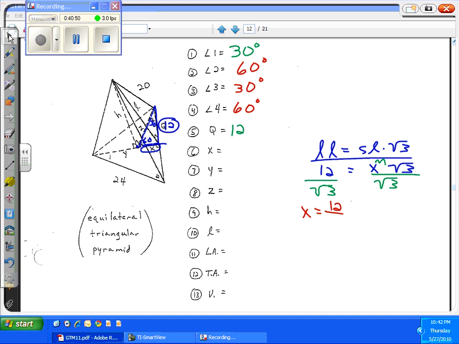And so we get X is equal to 12 divided by square root 3. We have to rationalize the denominator. So we get 12 square root 3 over 3. The 12 and 3 reduce to a 4, so you get 4 square root 3 for X.